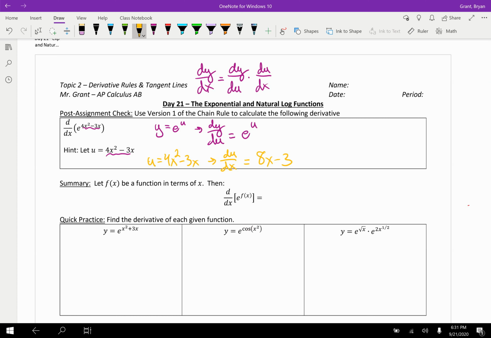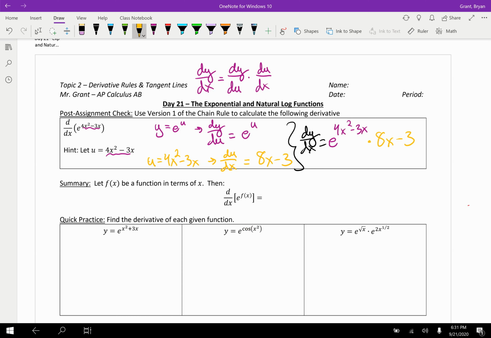Putting this all together then, that is going to tell us that dy dx equals the derivative of the y function with respect to u, and I'm going to make that reverse substitution right now, so e to the, instead of u, what u was, which was 4x squared minus 3x, times the derivative of our u substitution, which is 8x minus 3.